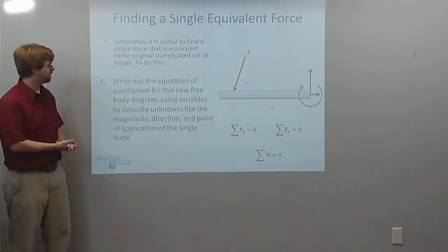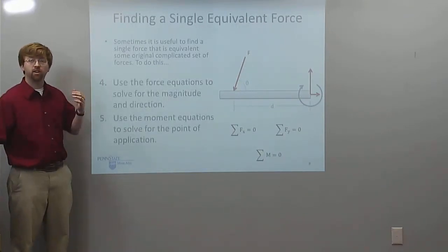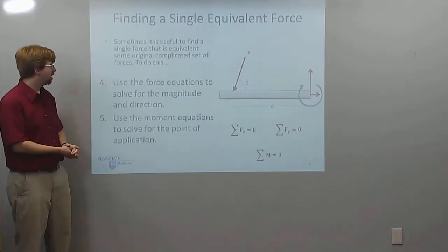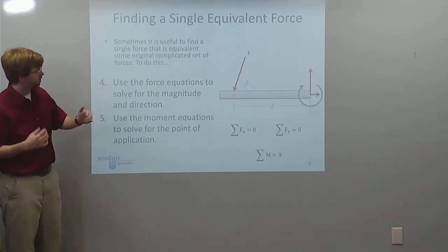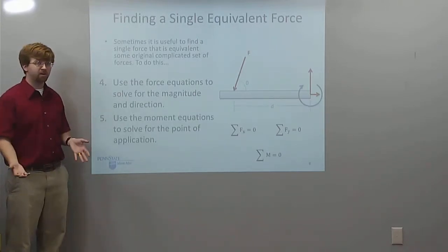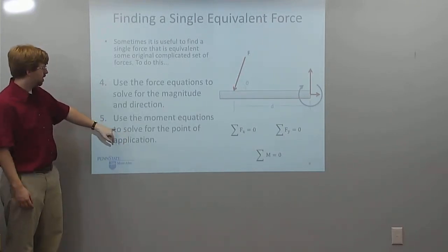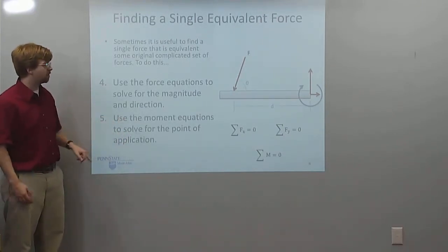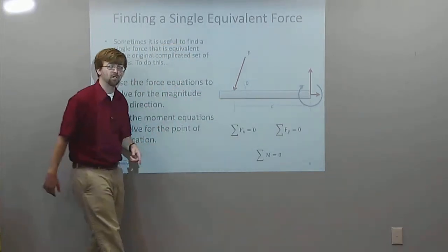So I've got the potential to solve for all these things. And once I write all these out, I'm going to use the force equations, so force in the x, force in the y, to usually solve for the magnitude and the direction first. Once I solve for that, I can go back and use the moment equations to solve for this distance d, or the point of application of my force.